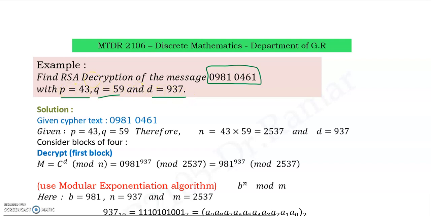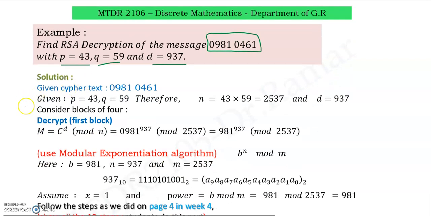So now, what is the rule for decryption? We know the rule for decryption is: real text message is equal to ciphertext to the power D, modulo N.